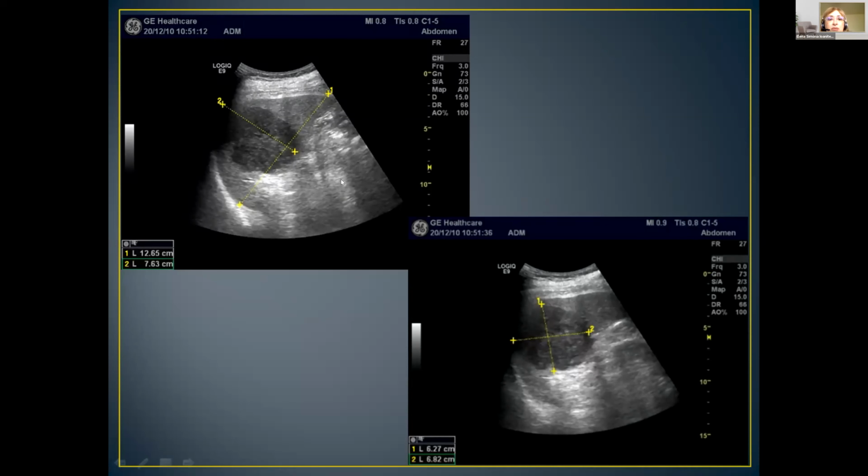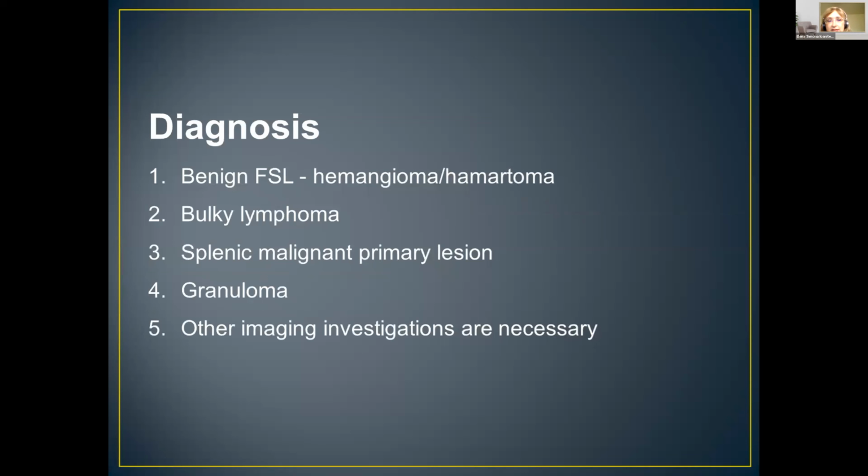Our question was, what is this lesion? What do you think about this lesion? It could be a benign lesion, a bulky lymphoma, a splenic malignant primary lesion, a granuloma, or you ask for other imaging investigations.